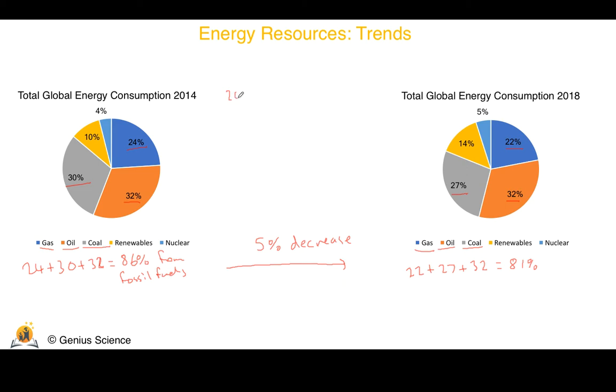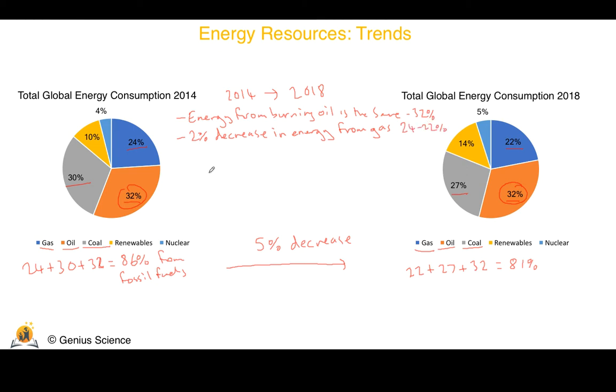So from 2014 to 2018, we can see that energy consumed from burning oil is the same, so 32%. There has been a 2% decrease in the energy consumed from gas, from 24% to 22%.